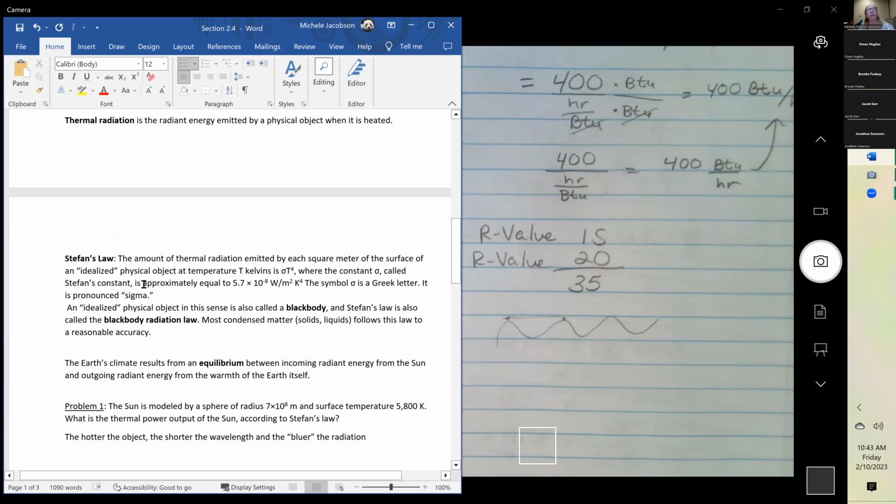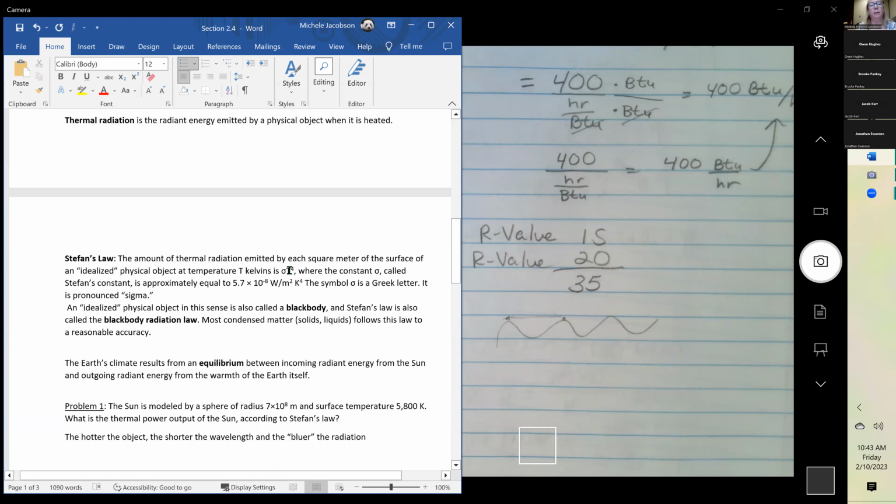Stefan's law: the amount of thermal radiation emitted by each square meter. So it's only talking about, well, a meter is like a yard, for the surface area. They do it in temperature Kelvin. So T is the temperature and kelvins is our measurement. They use sigma T to the fourth.